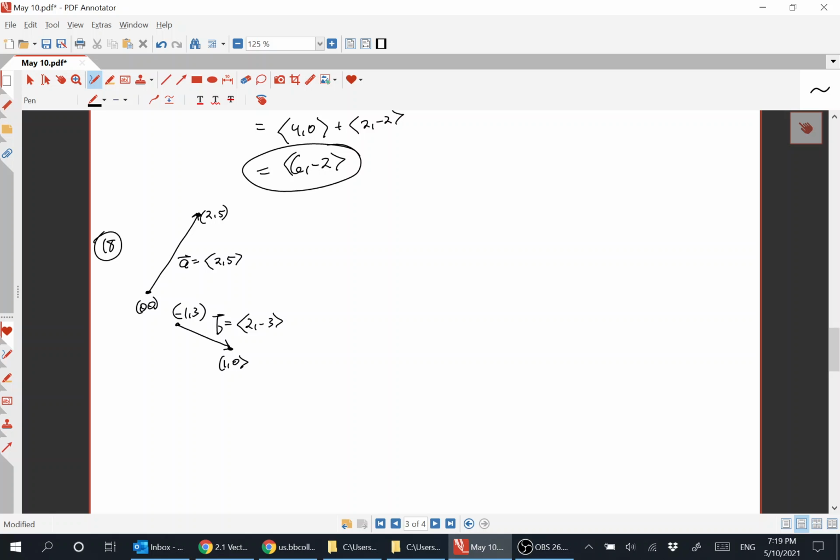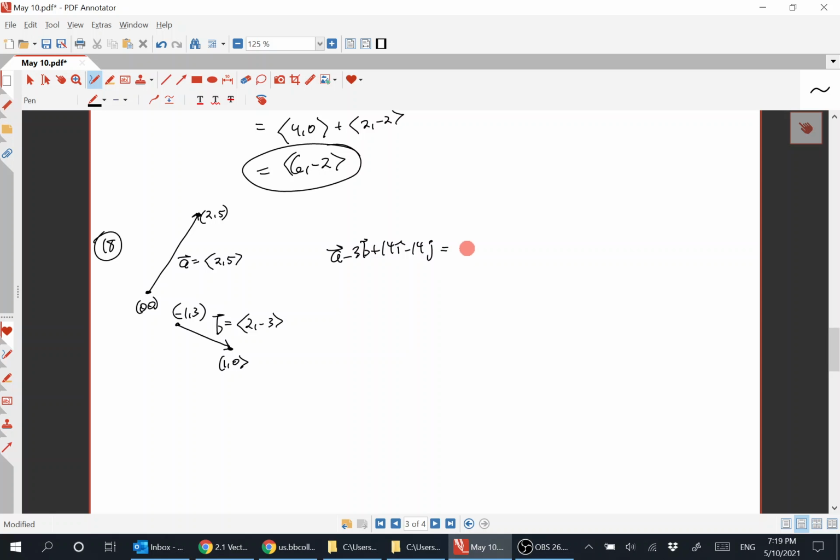Okay, and then they're asking about vector A minus 3B plus 14I minus 14J. Remember I is the vector 1, 0.